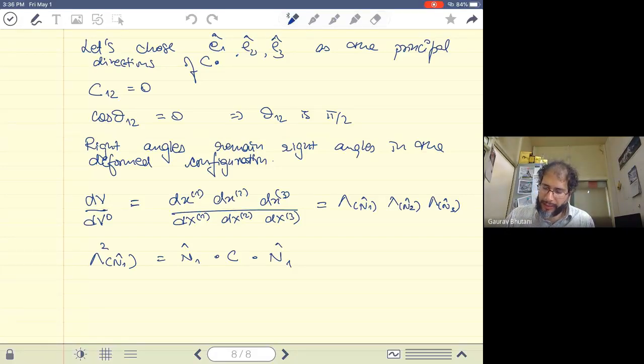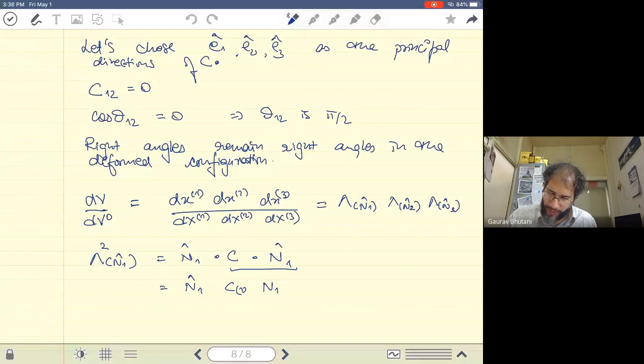Now, since n1 is a principal direction of c, then c times n1 can be written as, so the definition of principal directions is that c times n1 is some constant, which is the eigenvalue, times n1. So this will be denoted by c1. So c1 is nothing but a number here times n1.